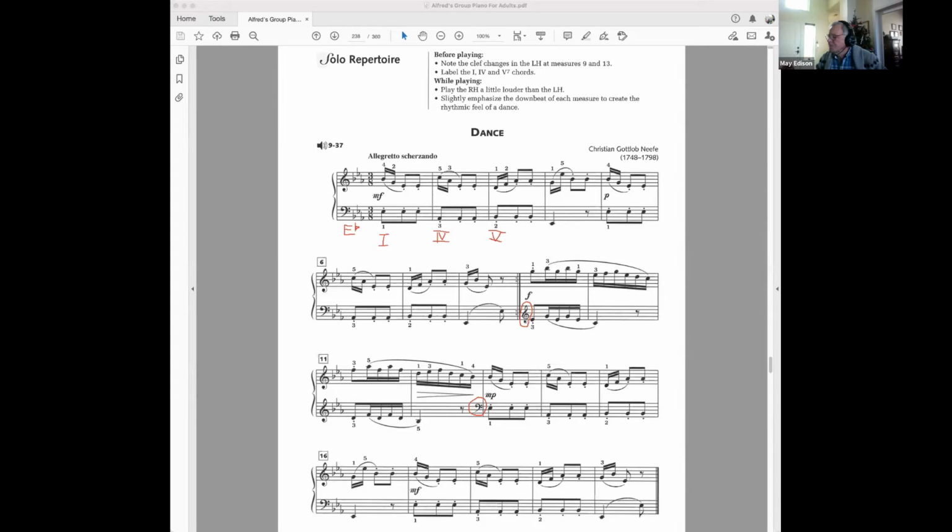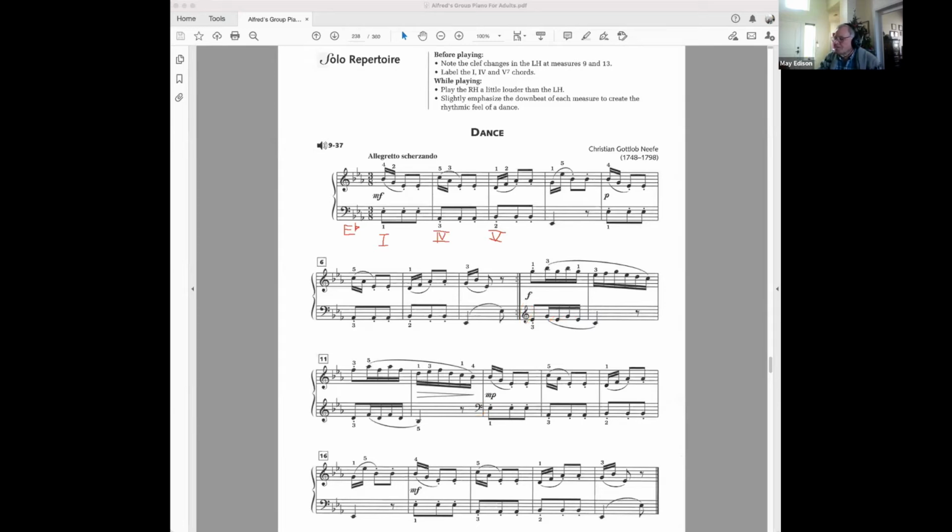We're skipping up, skipping down, skipping up, skipping down in both hands. What does a skip mean? It means you're going a third. Yep, a third. Okay, so instead of just going a second, you're going a third. Yeah.